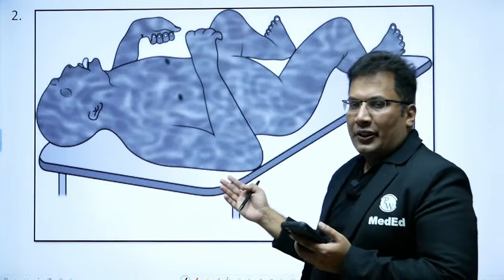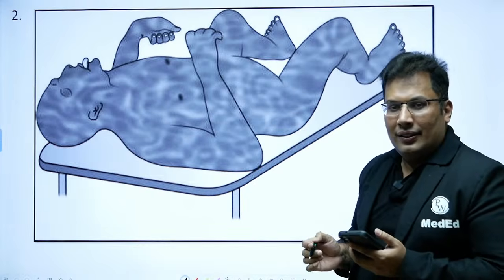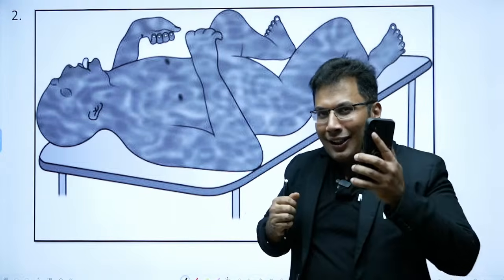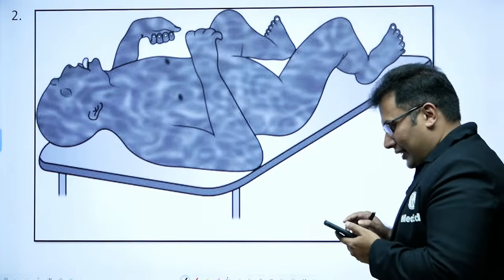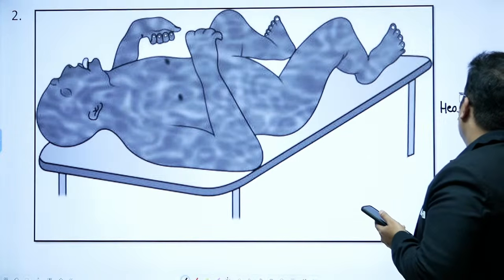Then look at this change. Can you identify it? It occurs in case of bone injury, antemortem or postmortem, where there is denaturation of protein like a boxing attitude. So what is this known as? This is known as heat stiffening.